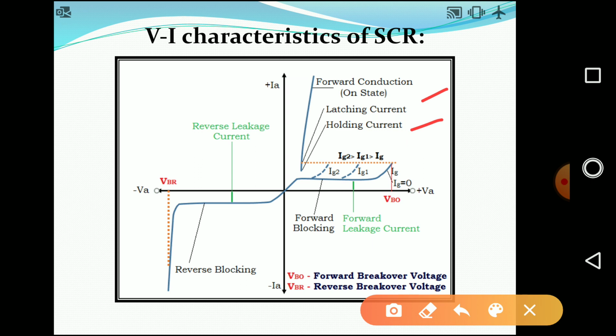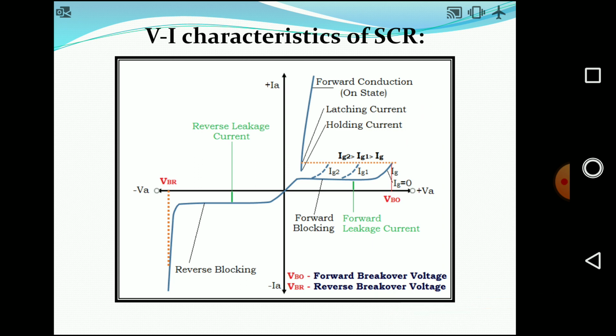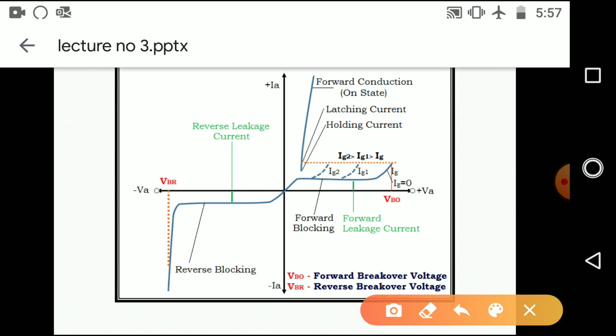So to turn on the SCR, the anode current must be greater than the latching current, and to turn off the SCR, the anode current must be below the holding current. Therefore, latching current represents the turn on current and holding current represents the turn off current.